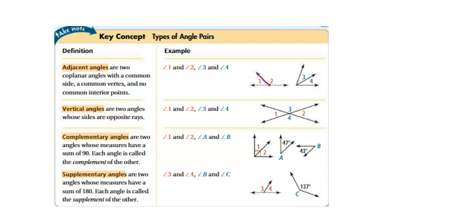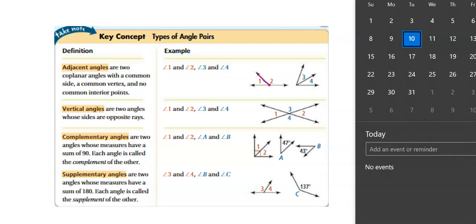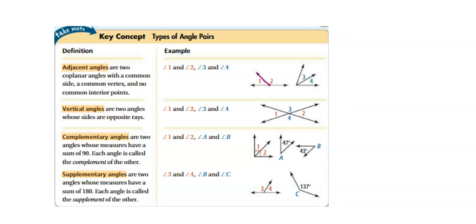Vertical angles are 2 angles whose sides are opposite rays. So for this one, you are looking for this X that these angles make right here. The reason for that is because their sides are opposite rays. So when you look at angle 1 and angle 2, they're opposite each other.